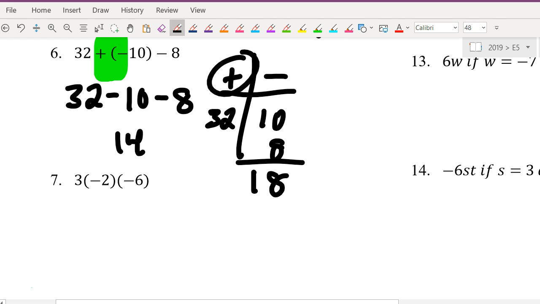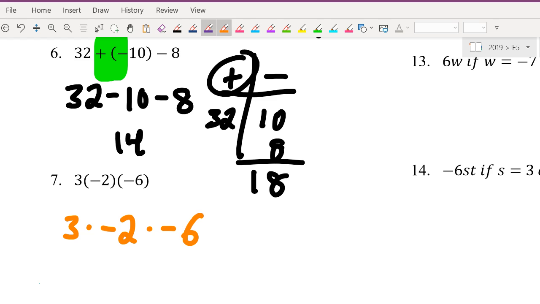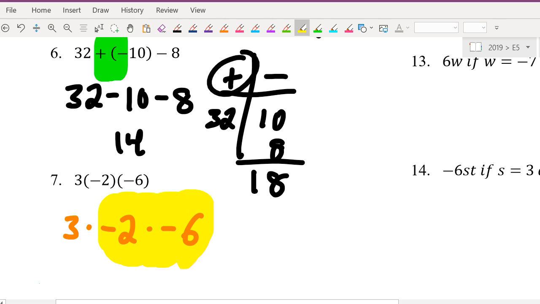Okay. Alright, so first what I did is I converted the parentheses into multiplication. Okay, so you got 3 times negative 2 times negative 6. Good. But then I multiplied 2 by 6. Okay, so you did negative 2 times negative 6. Yeah. Right. Okay. Now he's doing it in a different order. Is that okay? Yeah, as long as I get the right answer.